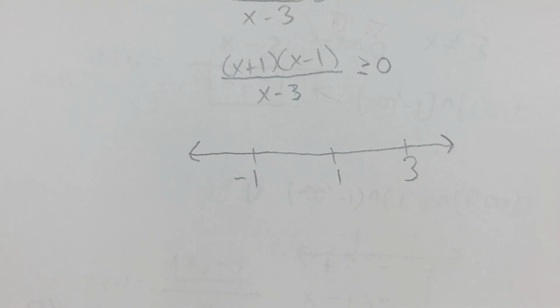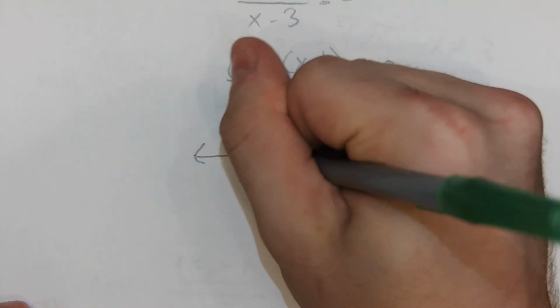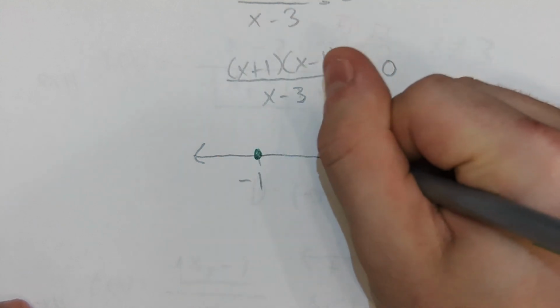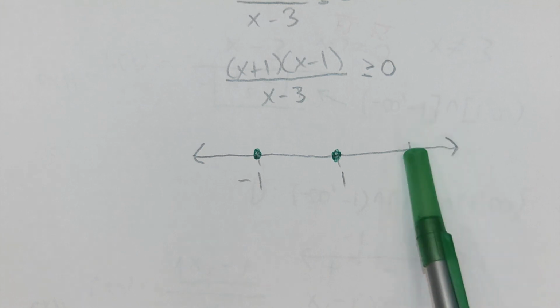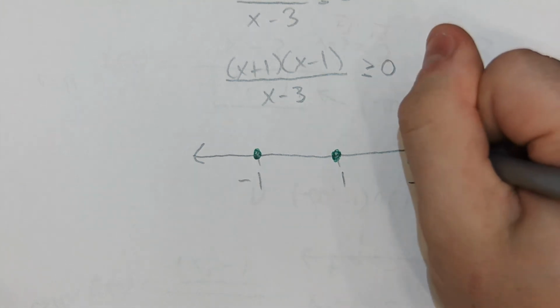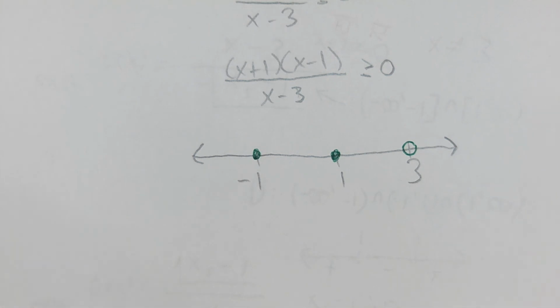I want to go ahead and show you that 0 is allowed, right? So the numbers -1 and +1 will be part of our answers. But the number 3 is not allowed because that would have you dividing by 0. There. Now let me check those zones.